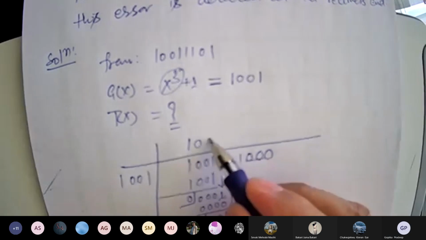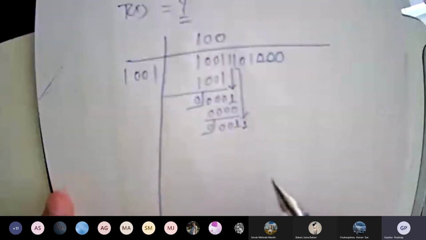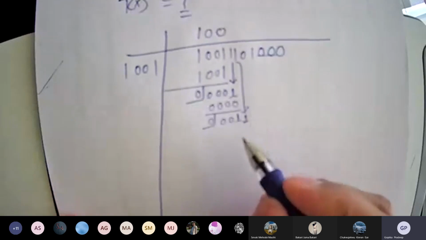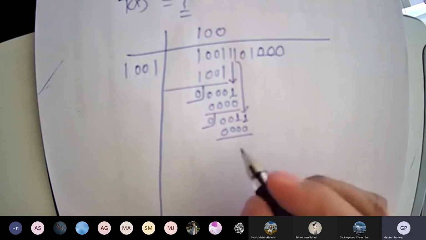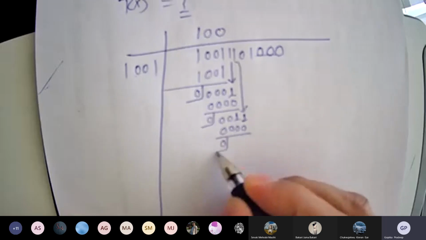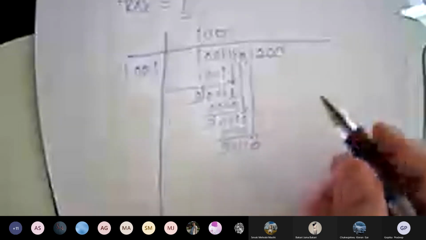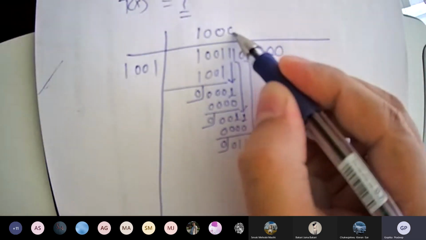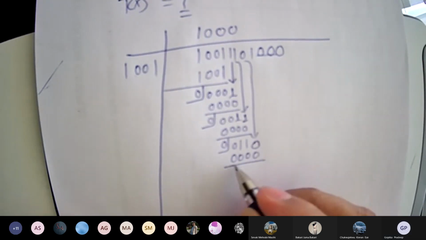Now how many times? It will be 0. So 0000. The 0 you will be discarding. Then 011. Then this 0 will come. How many times now? 0. 0000.